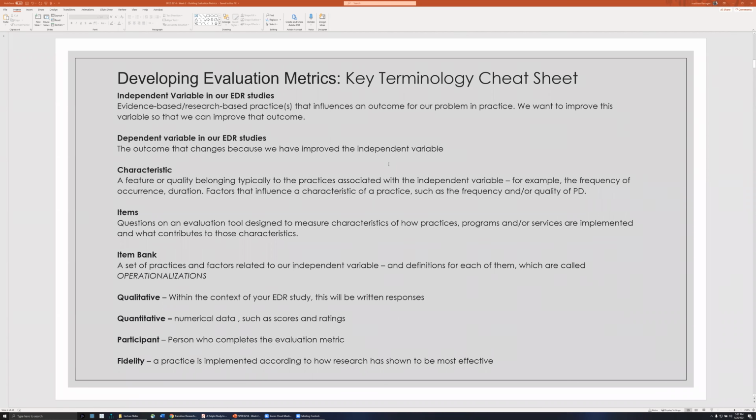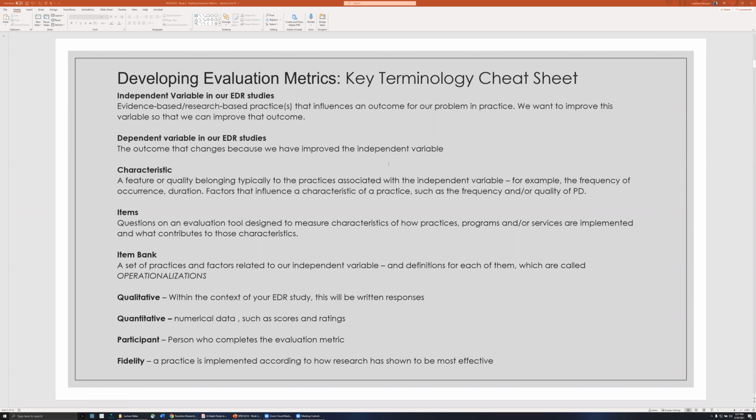Participants are someone who completes the evaluation metric, and fidelity is when a practice is implemented according to how research has shown it should be implemented in order to result in a particular outcome. So there is a particular way to implement, for example, modeling for complex chain behaviors. There are a few ways to do that, right?